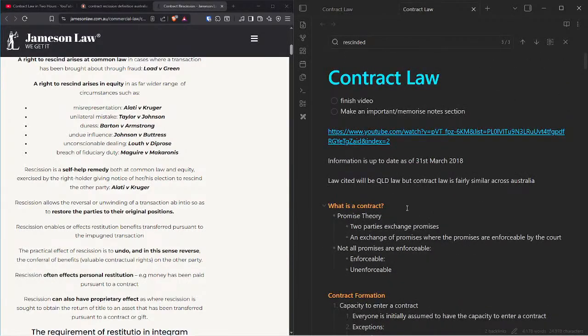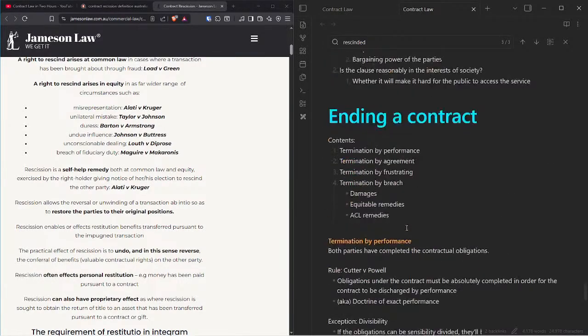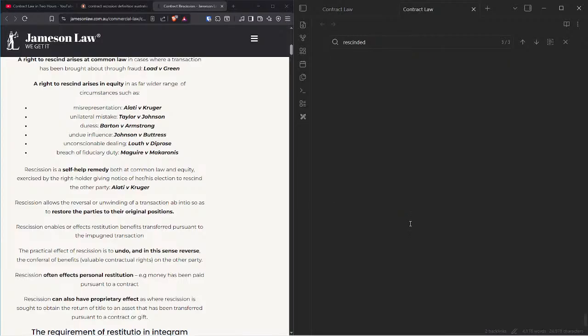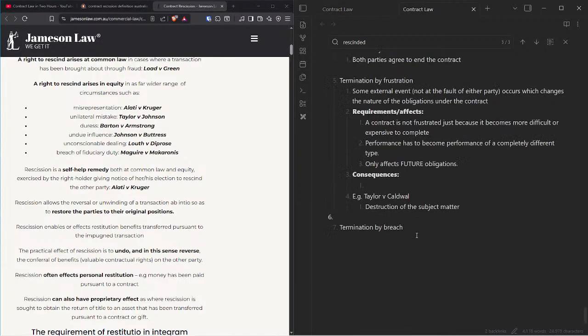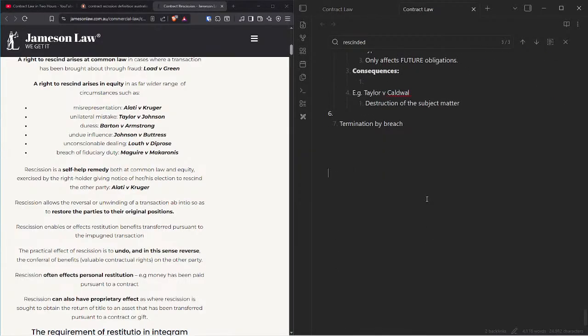And where am I gonna put it? I'm gonna put it just down here. I'm just gonna put rescission, so if I'm Control-F-ing it in the future, I can find it.